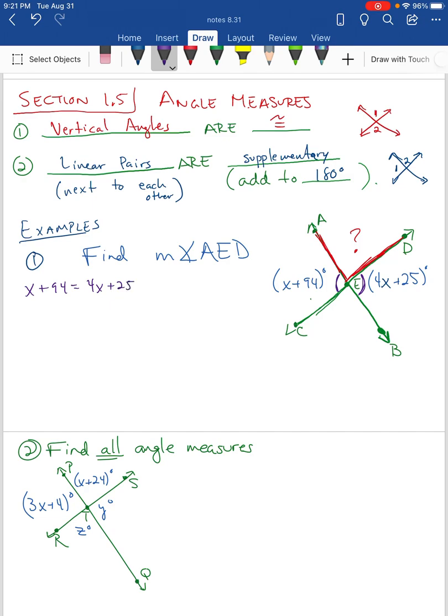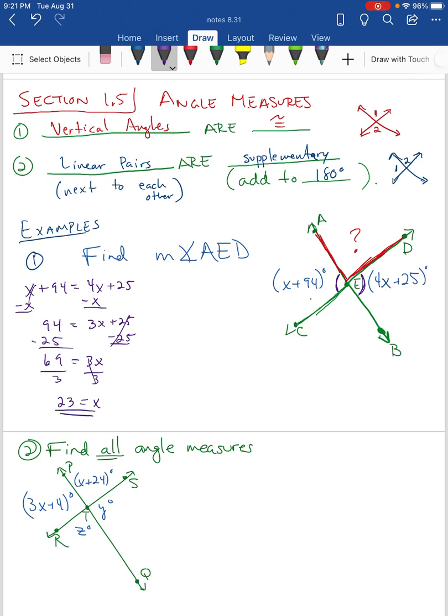Then we're just going to solve for x. Subtract x from both sides. I get 94 equal to 3x plus 25. Subtract 25 from both sides. I get 3x is equal to 69. Divide, and x is equal to 23.